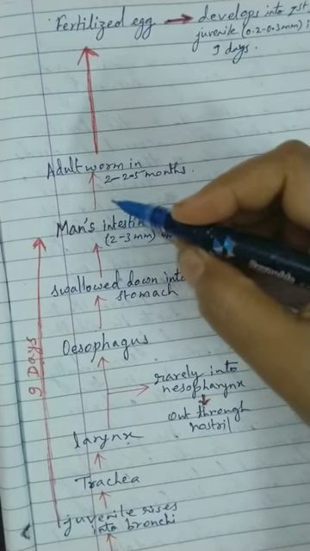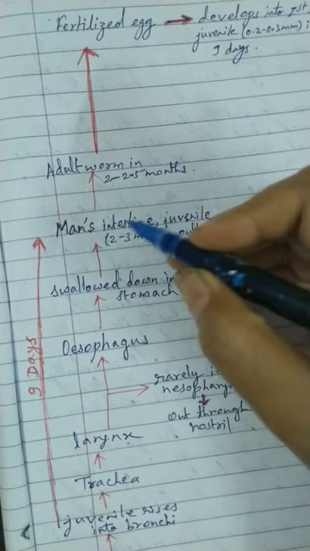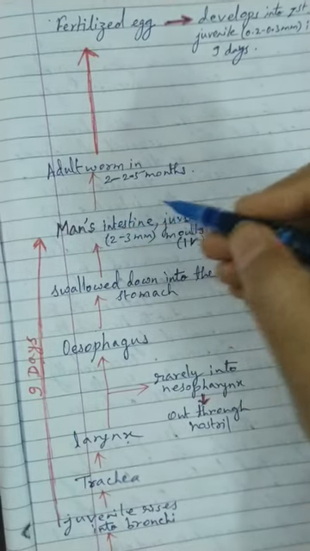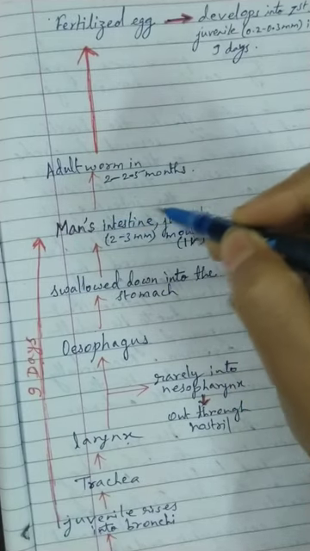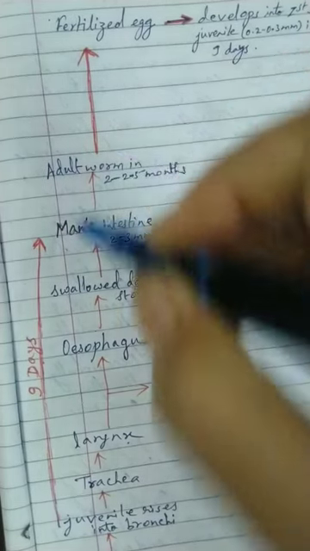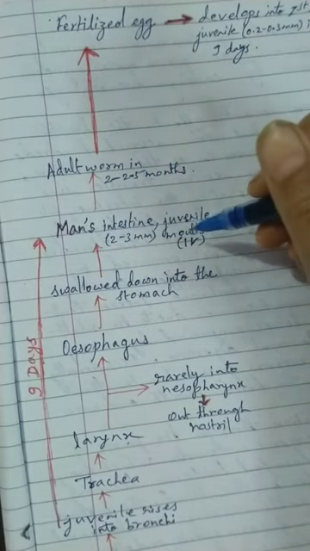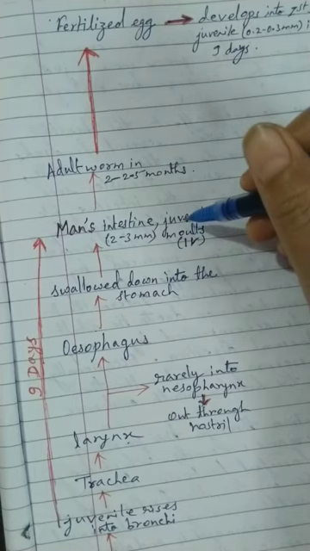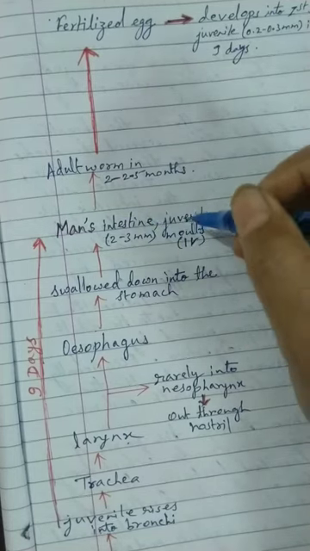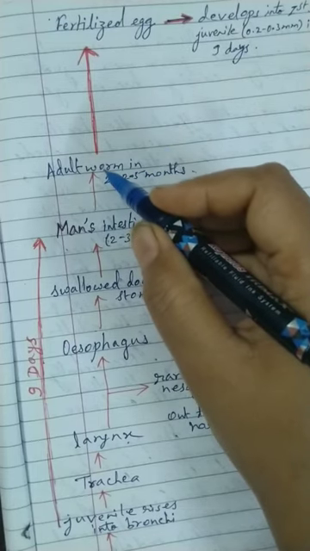After this, in the man's intestine, the Ascaris, meaning the juvenile worm of Ascaris, bores through the intestine with its mouth and lips.